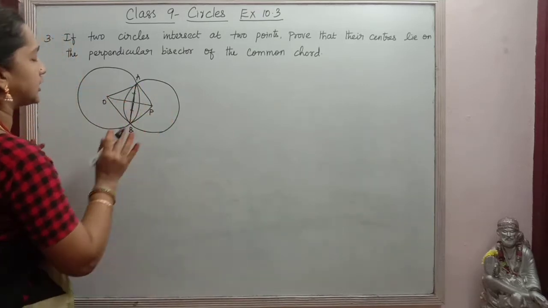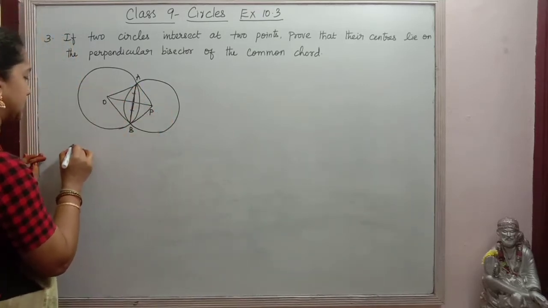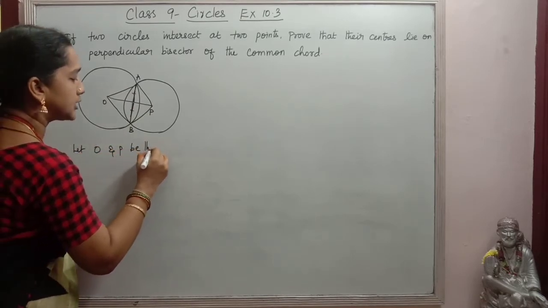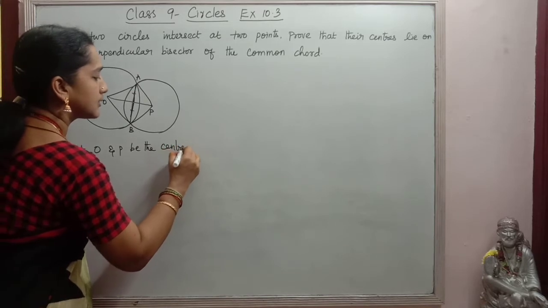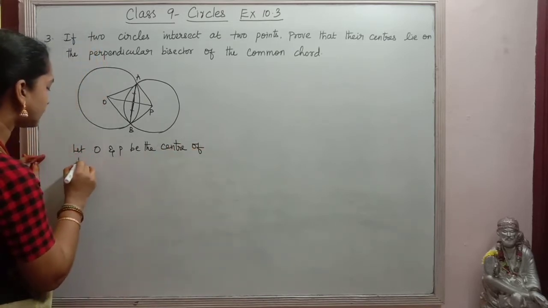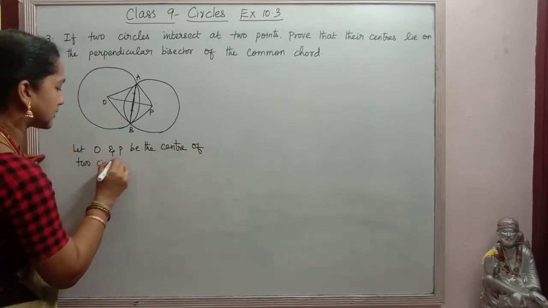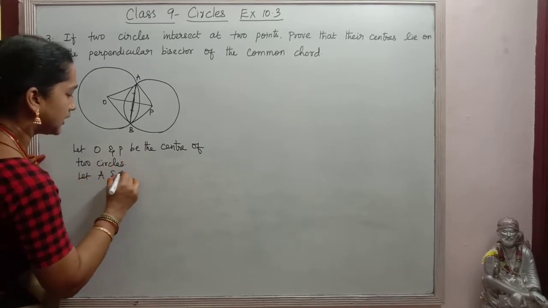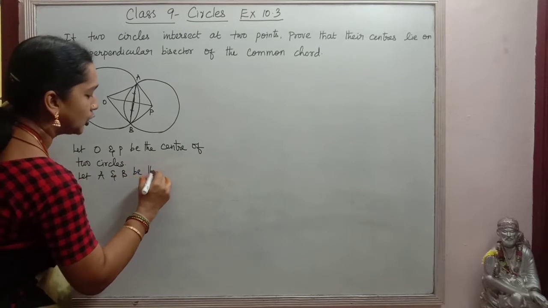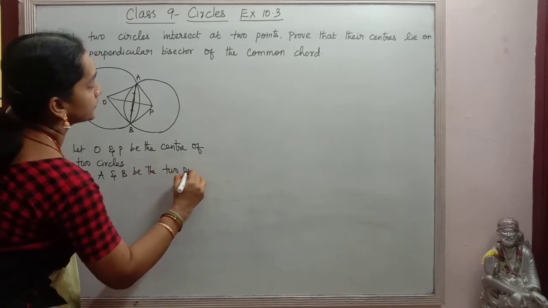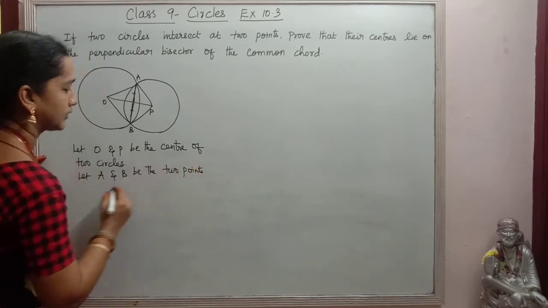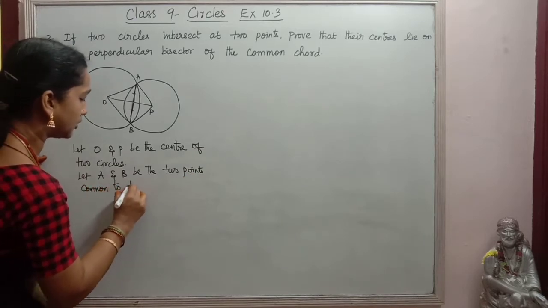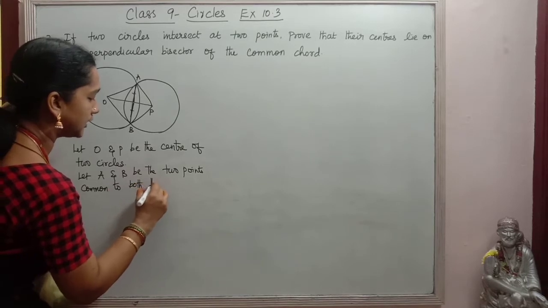Okay, so what are all the things we have taken? We will write first. Let O and P be the center of two circles. Let A and B be the 2 points common to both the circles.